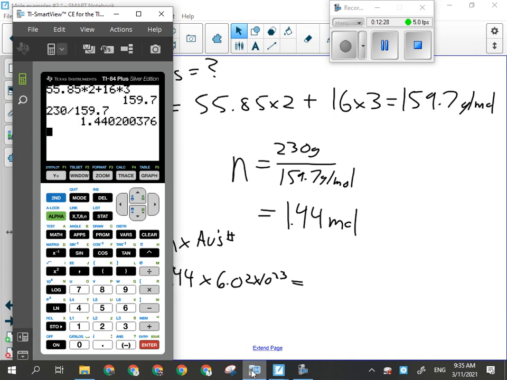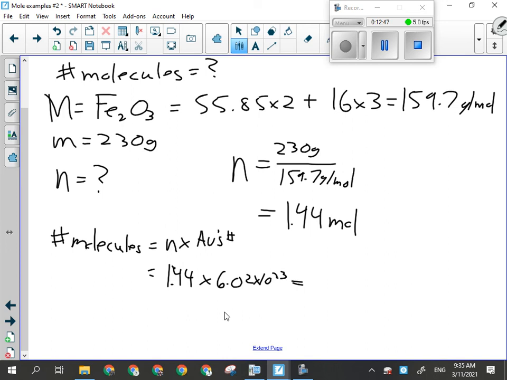I'm keeping all these decimals here when I multiply by Avogadro's number. So that's going to give me 8.67 times 10 to the 23 molecules. Oh, and I didn't put units on that. Molecules.